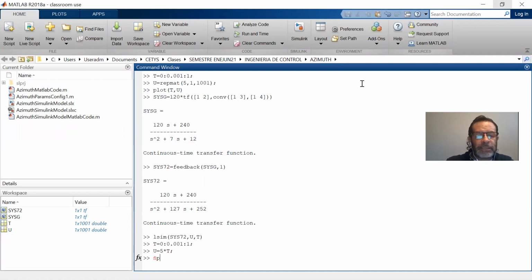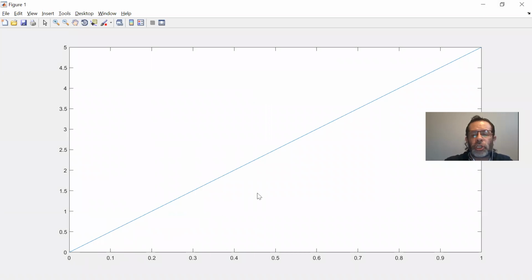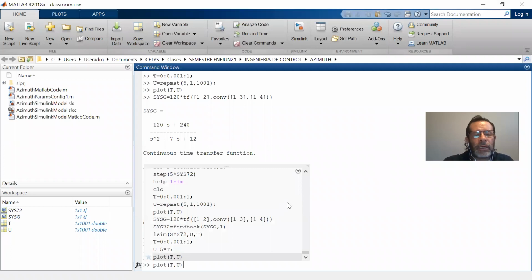And I'm going to plot that just so you see what that is. Plot t comma u. And what we should get is a line that has a slope of 5. Okay. There's a relationship of 1 to 5. That would be the input that I'm providing. And we're going to do an LSIM.